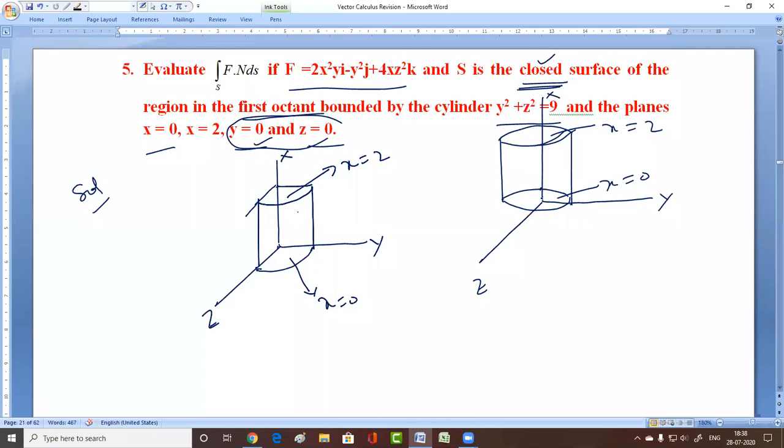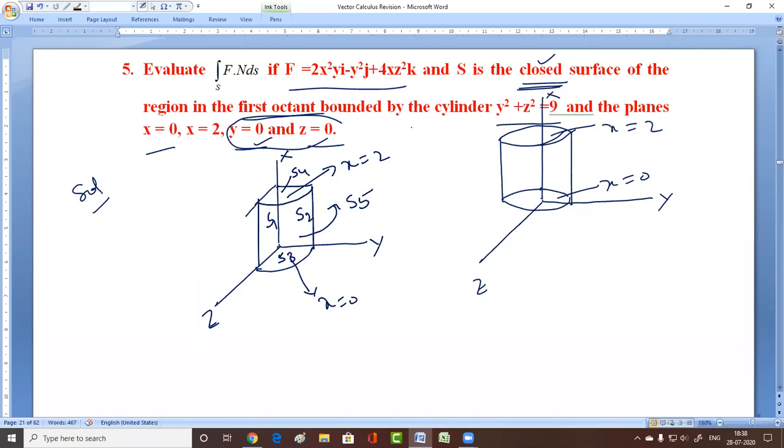Closed means we now consider all the remaining surfaces. So the xz plane is the first one, S1. The XY plane is a rectangle. In the XZ plane, it is a rectangle. In the XY plane, it is another rectangle. The bottom is a quarter of the cylinder, that is S3. The upper part is S4. Now the curved surface is S5. So totally we have 5 surfaces. We will find the surface integral over S1, S2, S3, S4, and S5, then finally add all the values.